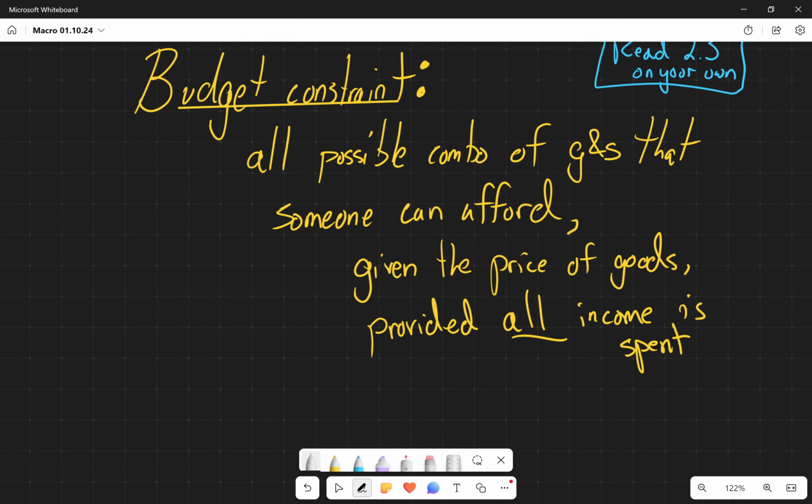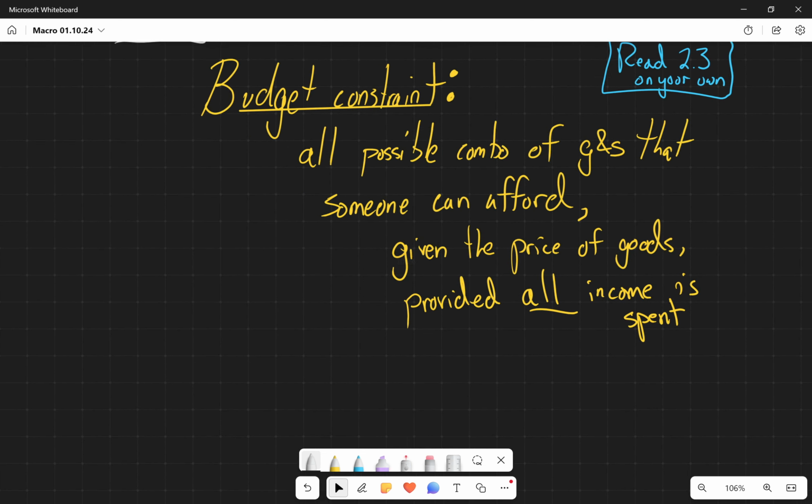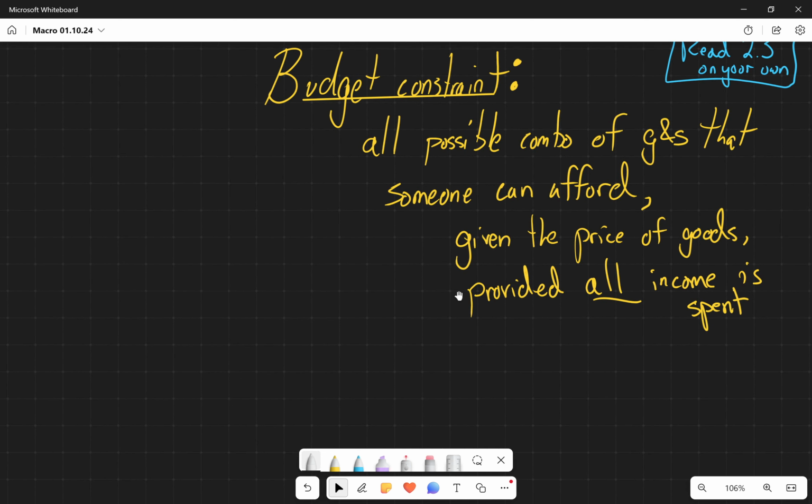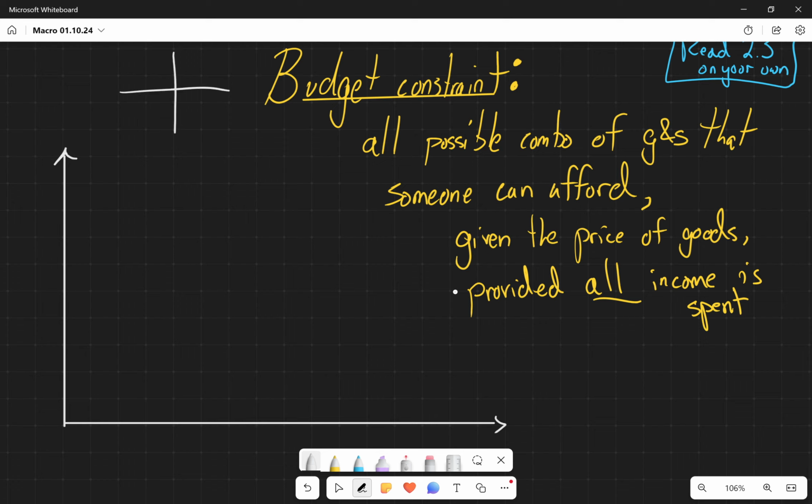So this is what we call a budget constraint. And a budget constraint looks something like this. So we're going to use the upper right-hand part of the Cartesian coordinate plane, right? And the reason why we're using the upper right-hand part is because this is the part that is the positive, right?